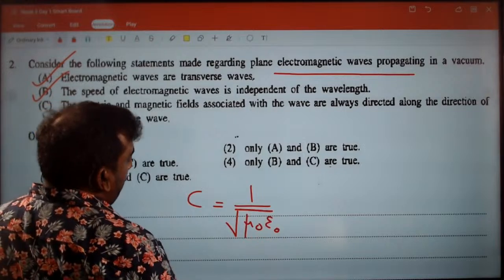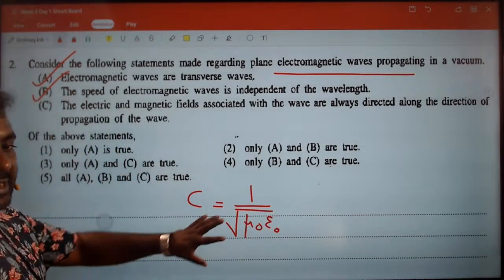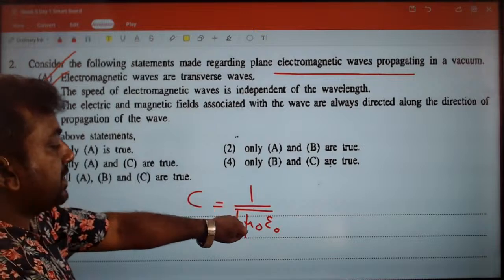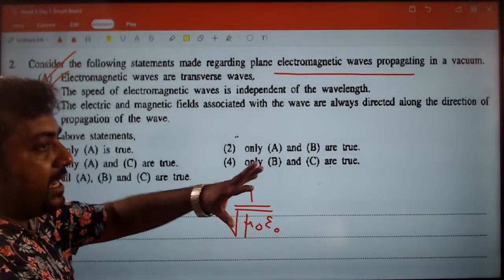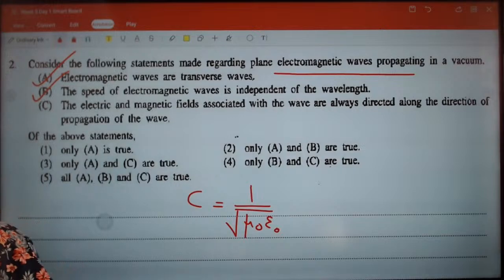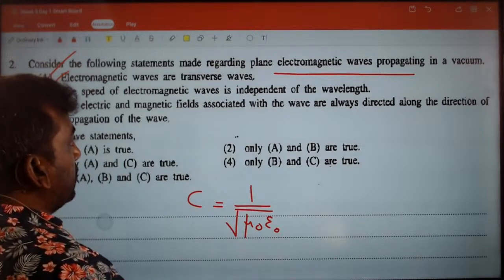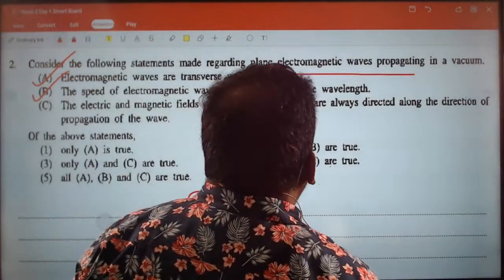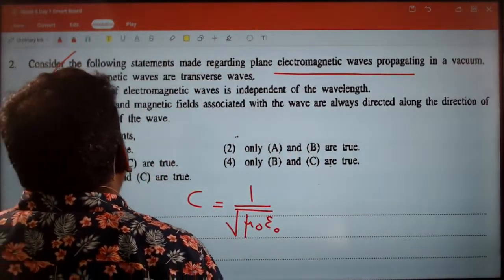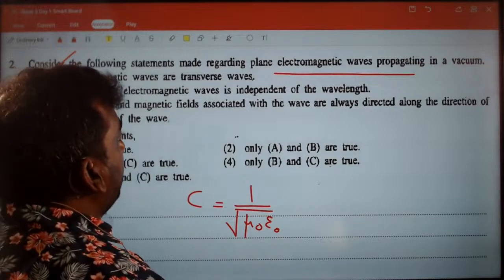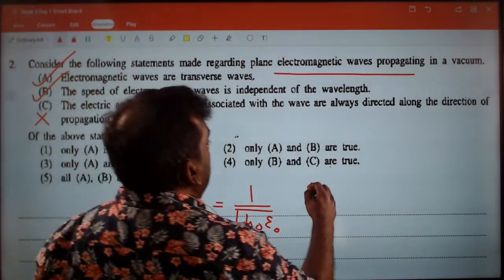It does not depend on other properties except for the properties of mu naught and epsilon naught, properties of a magnetic field and electric field. The electric and magnetic fields associated with the wave are always directed along the direction of propagation of the wave. Wrong. Electric and magnetic fields are perpendicular to the direction of propagation.